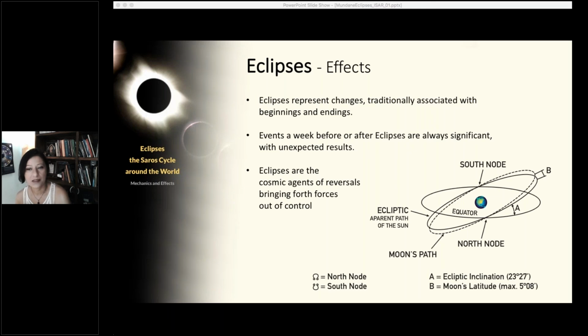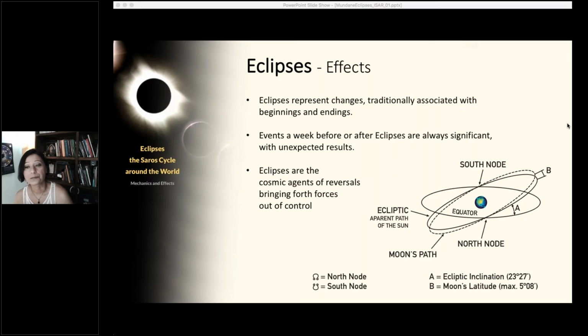The eclipses are like cosmic agents of reversal. They bring the unexpected, usually forces out of control. It's that point of no return when changes are inevitable. Things need to be implemented. And the eclipse degree, keep that in mind too, that the eclipse degree becomes sensitive, and transits over the eclipse should be noted, especially the malefics, either by conjunction, square, or opposition.